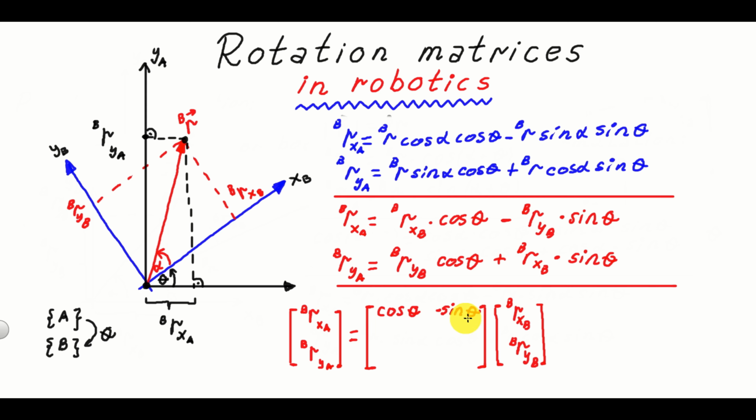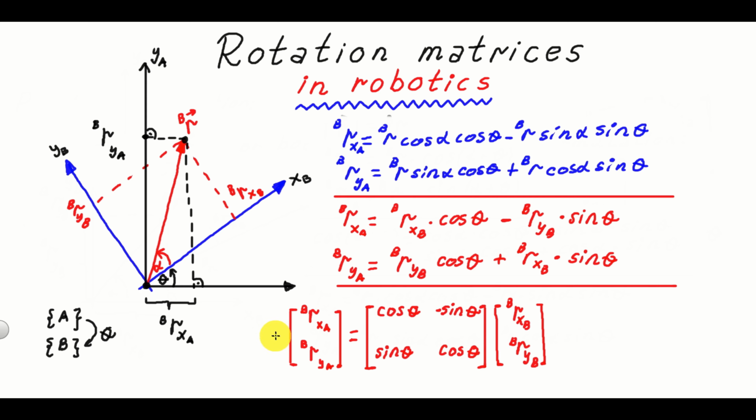Good. This is the first row. How about the second row? We have RBXB, that is this term over here, multiplied by sine theta. Consequently, over here we need to put sine theta. And what do we have over here? We have RBYB, that is this term, multiplied by cosine theta. So here it is.